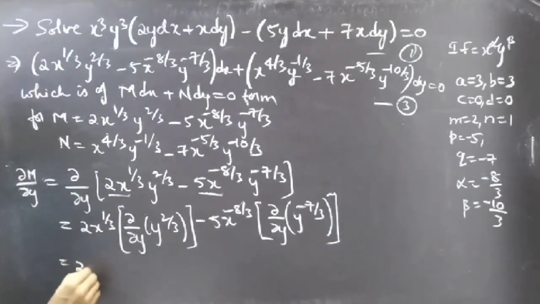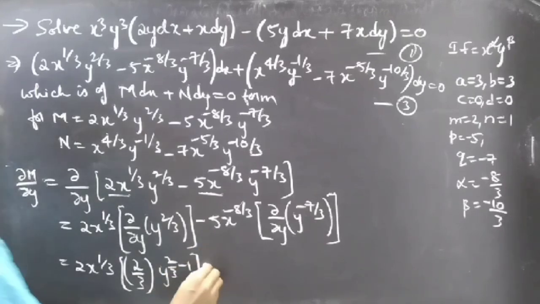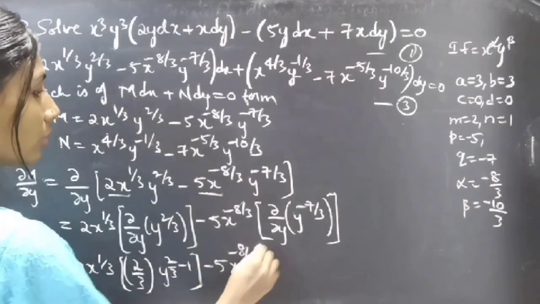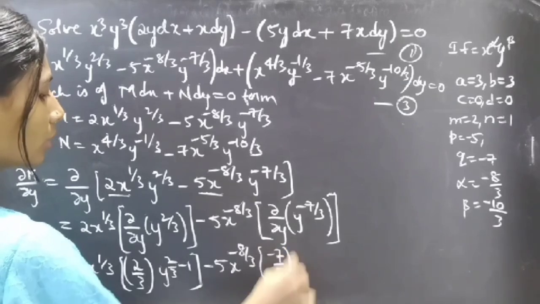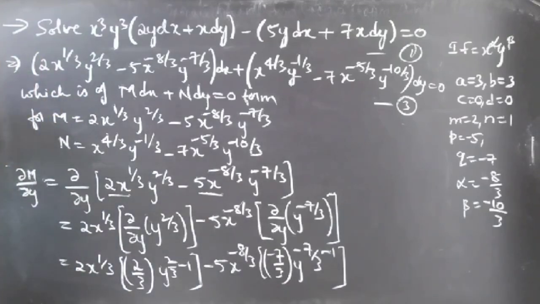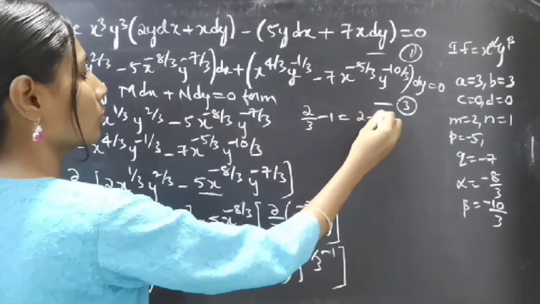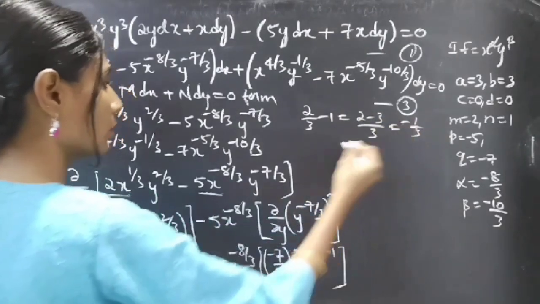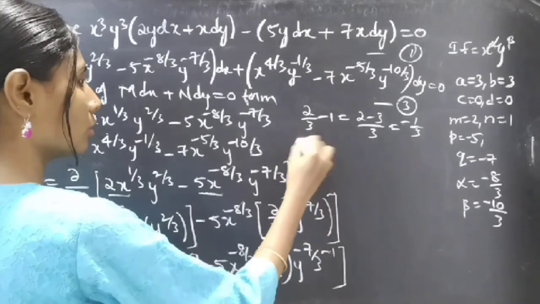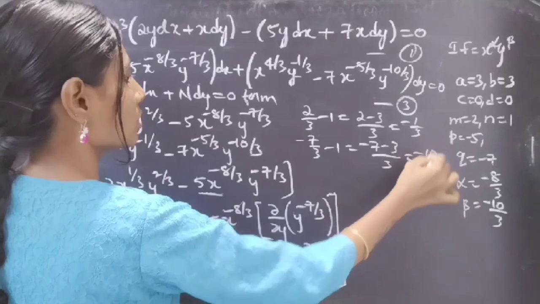This gives us 2x power 1 by 3 into partial derivative of y power 2 by 3 with respect to y, which is 2 by 3 into y power 2 by 3 minus 1, minus 5x power minus 8 by 3 into the partial derivative of y power minus 7 by 3, which is minus 7 by 3 into y power minus 7 by 3 minus 1. Okay. Let's simplify 2 by 3 minus 1, which gives us minus 1 by 3, and minus 7 by 3 minus 1, which gives us minus 7 minus 3 by 3, which is minus 10 by 3.